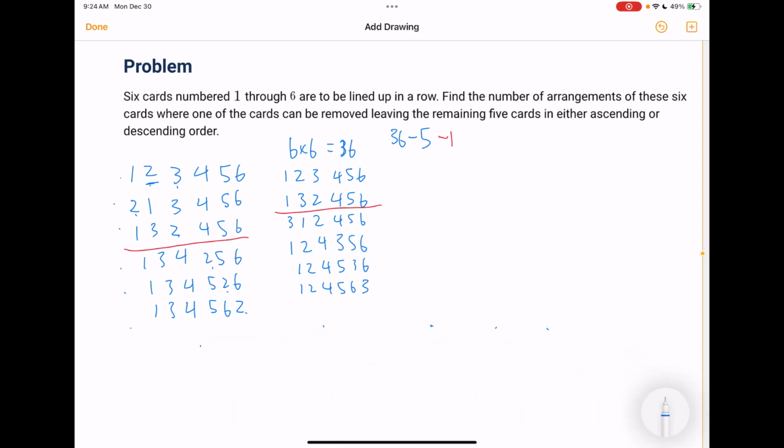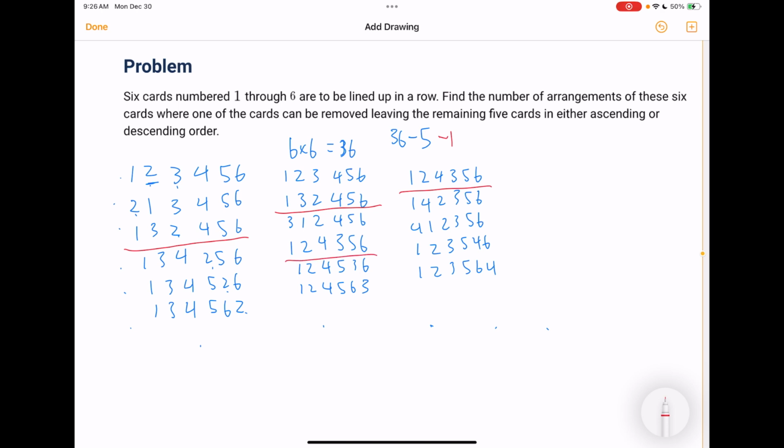And then we can move on to moving 4. I'm not going to write out 1, 2, 3, 4, 5, 6 anymore because we've already subtracted 5. Okay, and then when we move 4, we see that 1, 2, 4, 3, 5, 6 and 1, 2, 4, 3, 5, 6 repeat.